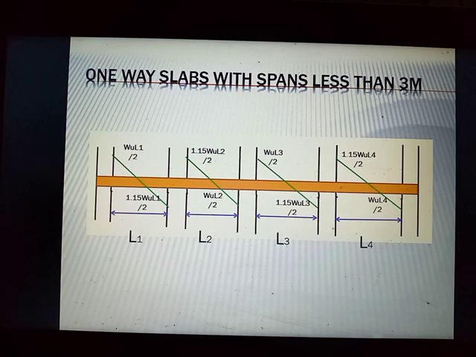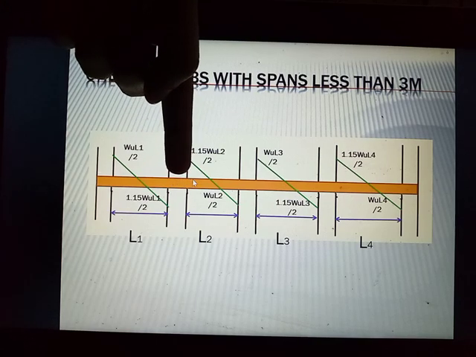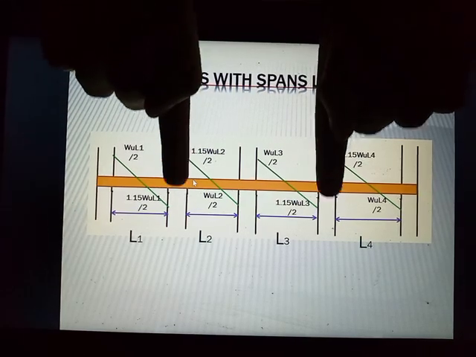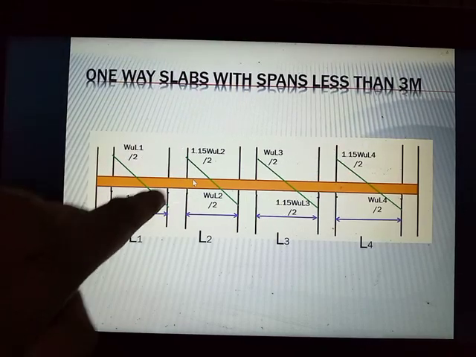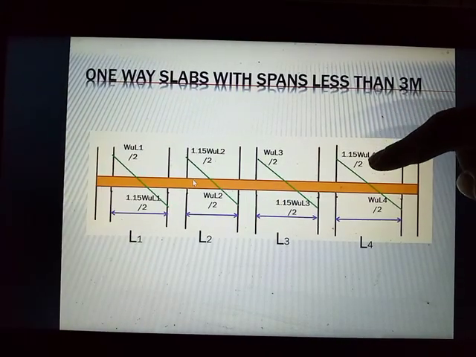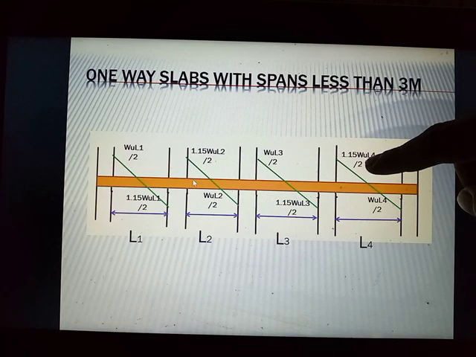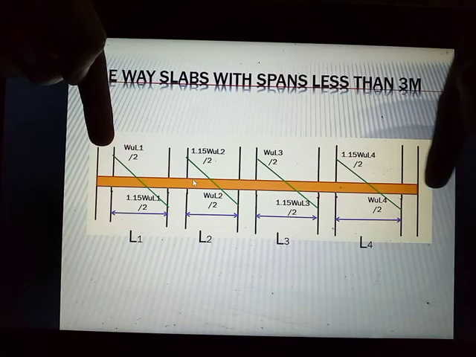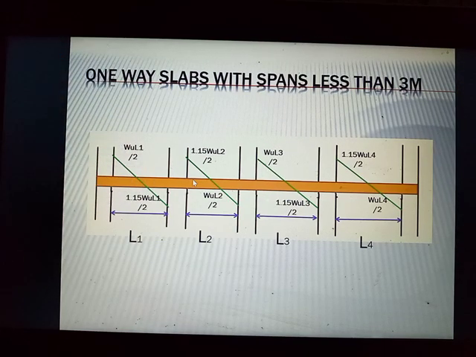Okay, so this is for shear forces again, and I will remind you that the only thing that is different in computing the shear forces is the first interior support. Since these are the exterior supports, these are your first interior supports, and on each of its faces, the shear forces will be computed as 1.15 WU ln over 2. And then the rest will be WU ln over 2 for the rest of the supports.